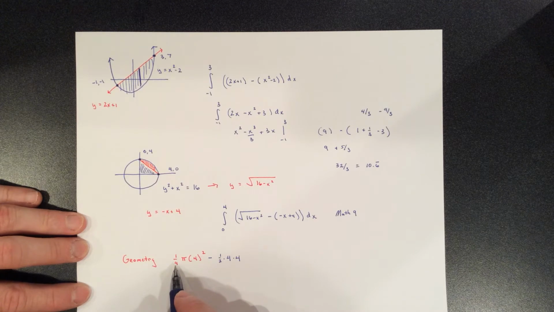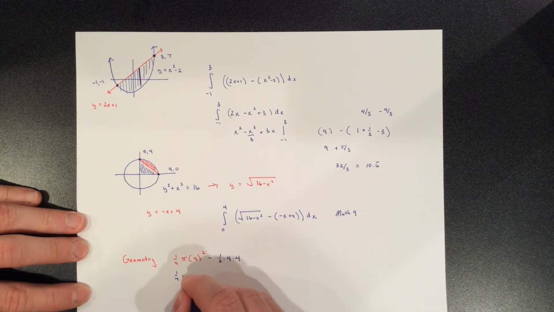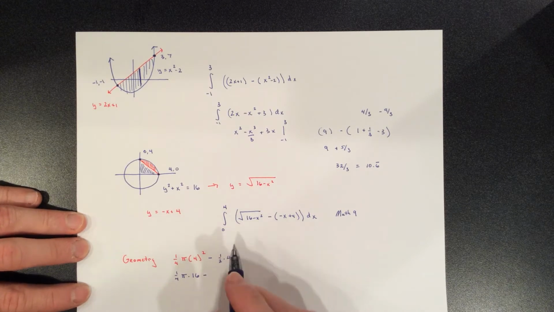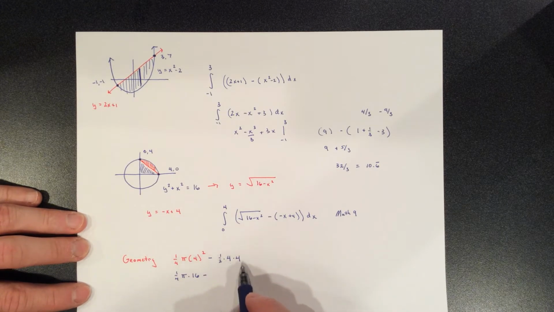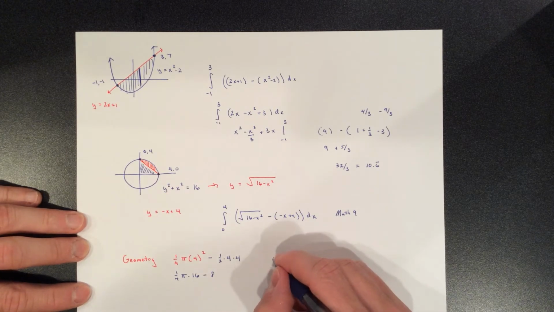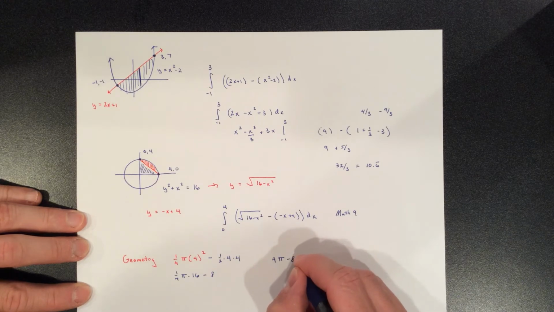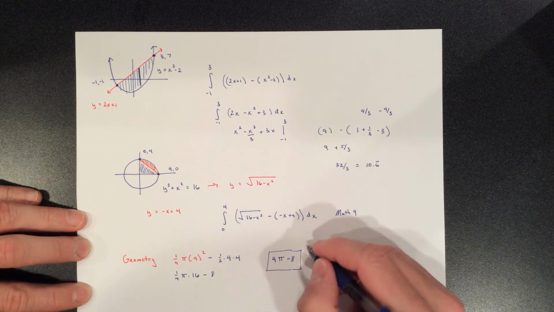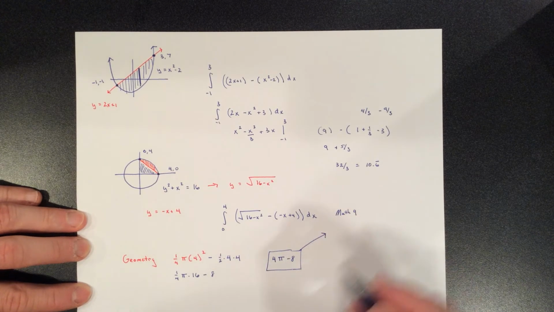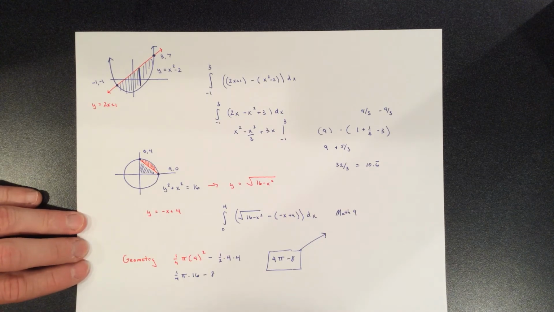So I get 1/4 pi of 16 minus half base times height, minus 8. Okay, so it turns out that this is exactly 4 pi minus 8, which you can confirm will give you the exact same random decimal that you got up there.